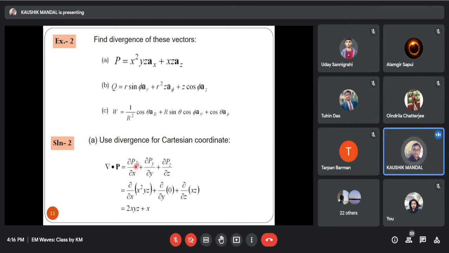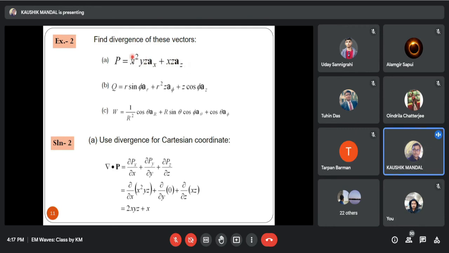What will be Px? Anyone from your side? How can you find Px? X square yz. Px means, if you write it in general form, P equals Px Ax plus Py Ay plus Pz Az.